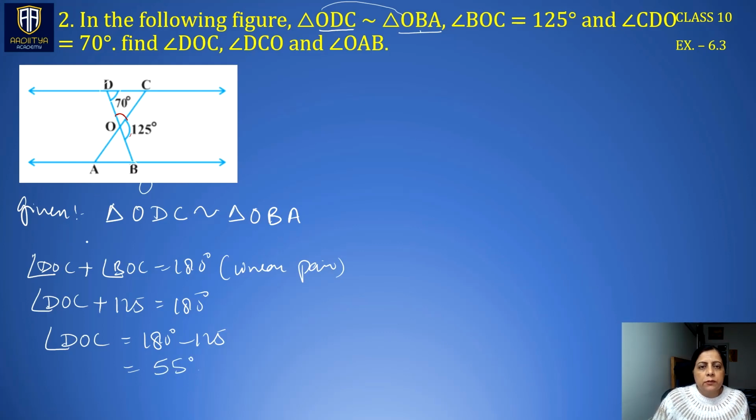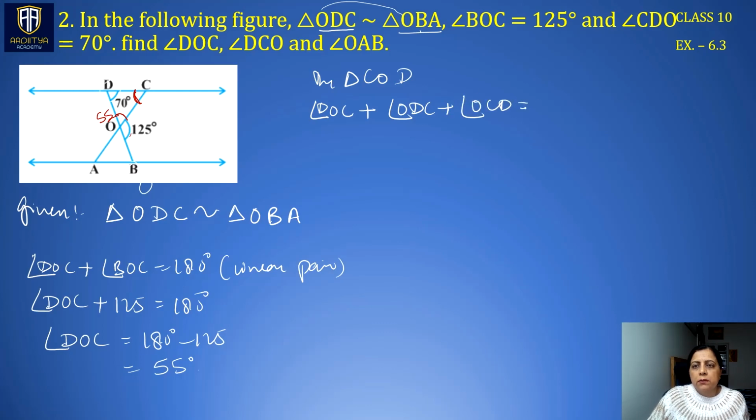Right? DOC is 55. Now in triangle COD, we can find the other angle by the angle sum property. In triangle COD, angle DOC plus angle ODC plus angle OCD is 180 degrees. Angle sum property of a triangle. So we have DOC as 55 degrees, ODC as 70 degrees, and OCD we have to find.